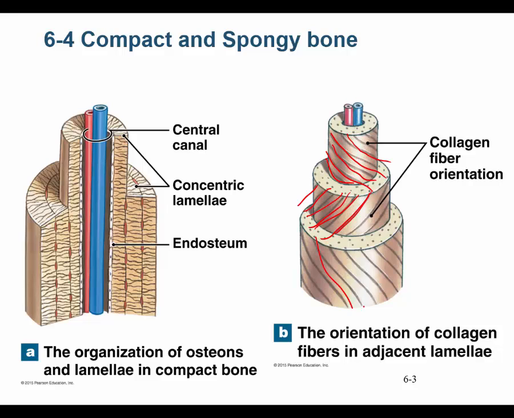The third one is top left to bottom right. By doing this, it adds a lot of strength to the bone, because now these collagen fibers are going to be able to withstand stresses from different directions. And that makes the bone quite a bit stronger with the collagen running in different directions.